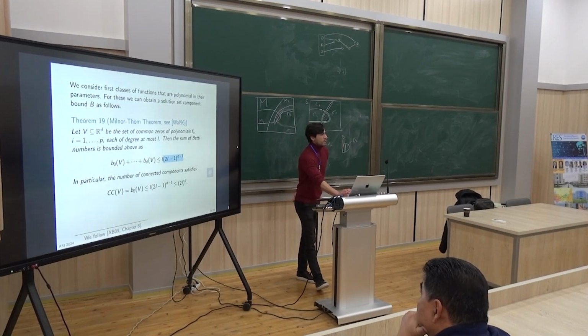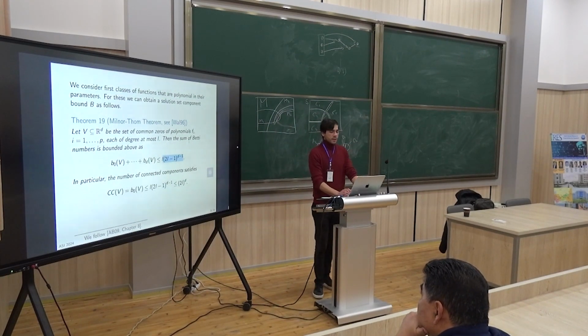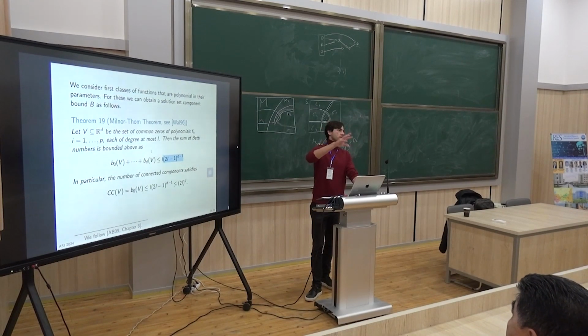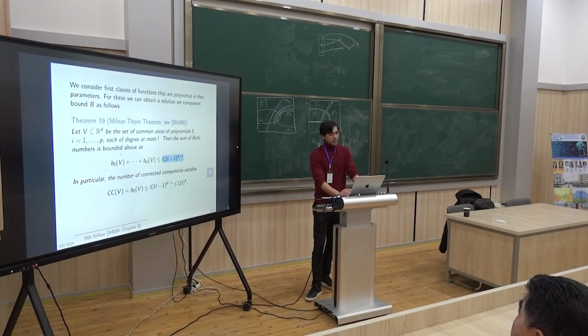Okay, so what can we say in particular? Well, the Betti numbers say something about the topology, the number of holes in the space, but the zero Betti number is the number of connected components. And all of these are non-negative. So the right-hand side is still an upper bound for the number of connected components.